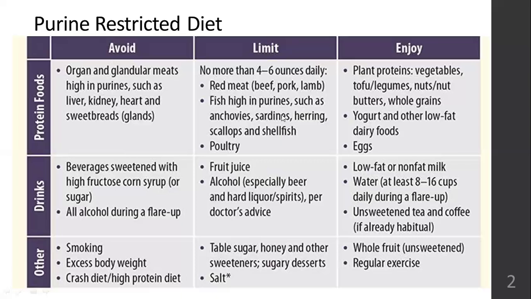Don't have completely ripe fruits. If it is raw, that's much better. Regular exercise should be done. So these are the patterns you have to follow when it comes to the purine restricted diet. A lot of cherries and all you can have. Beans, lentils.